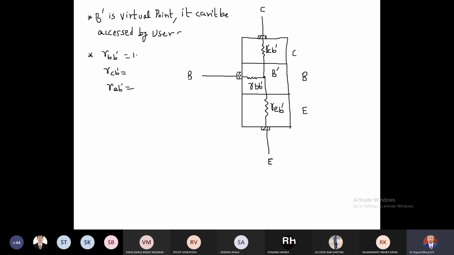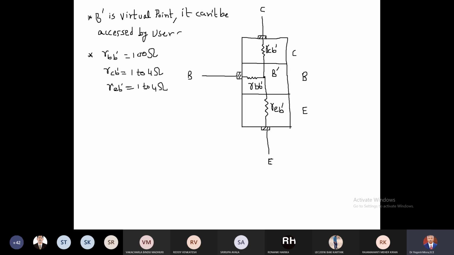It has a value around 100 ohm. And R_CB' is having a value around 1 to 4 ohm in this range, and R_EB' is also having a value around 1 to 4 ohm in this range.